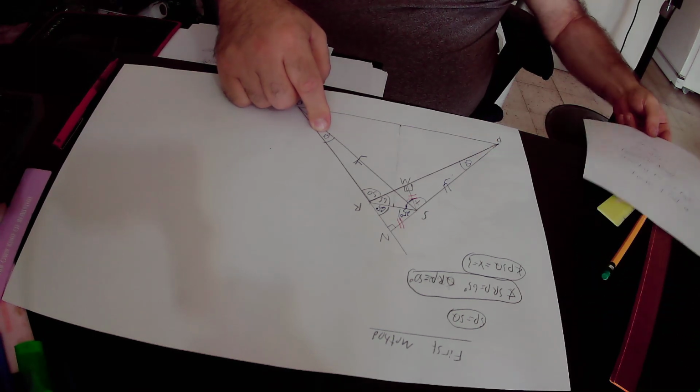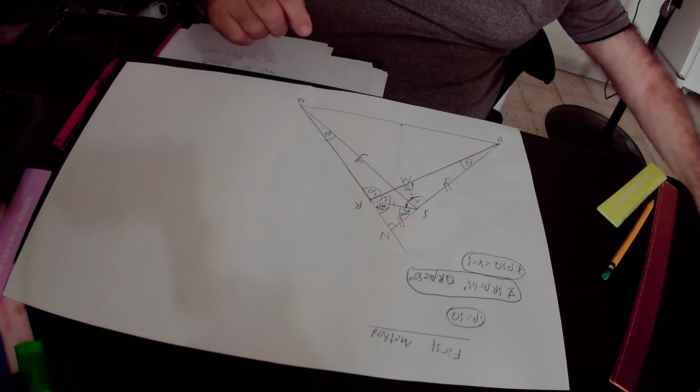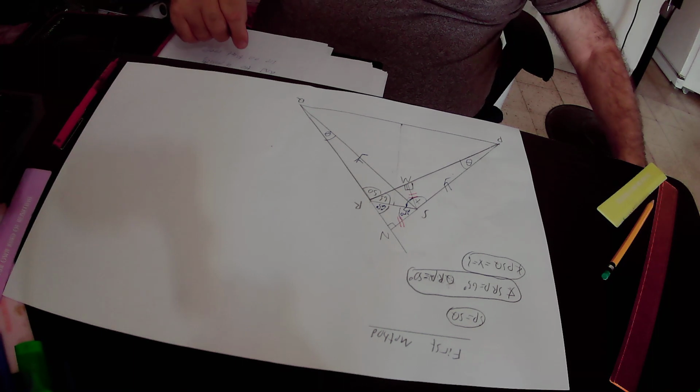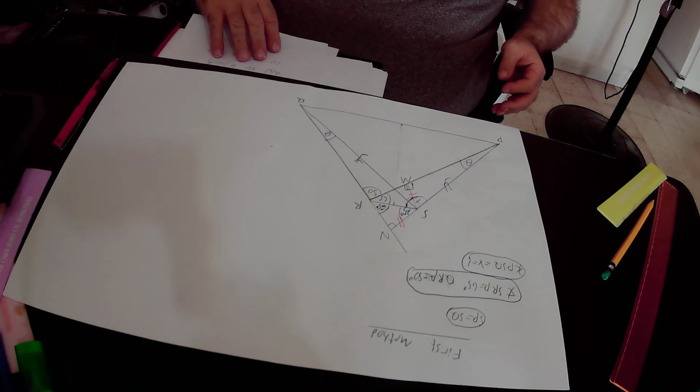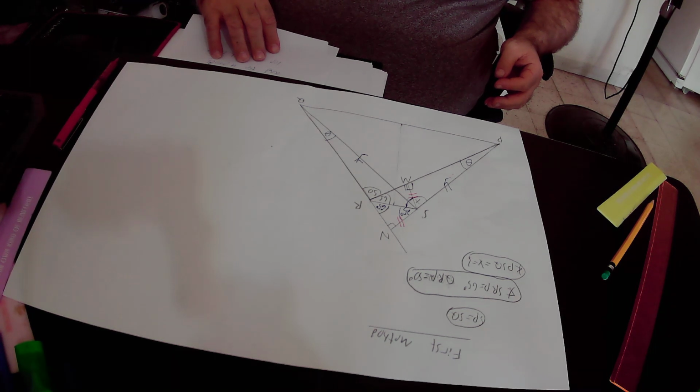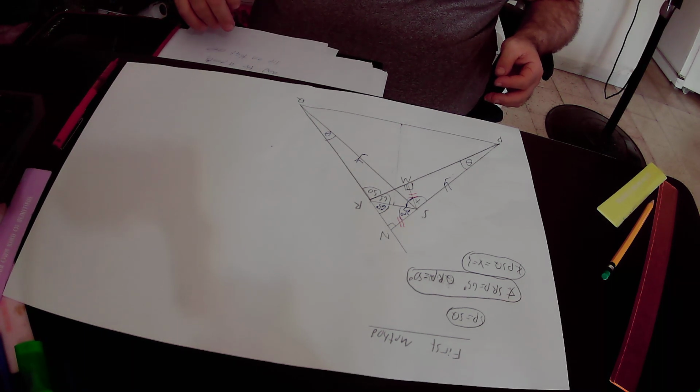Then I presented to you rule number one. Rule number one states that if a line segment subtends two equal angles on the same side, then the quadrilateral is inscribed by a circle, and the 4 points lie on that circle.